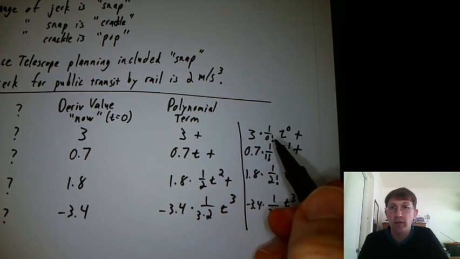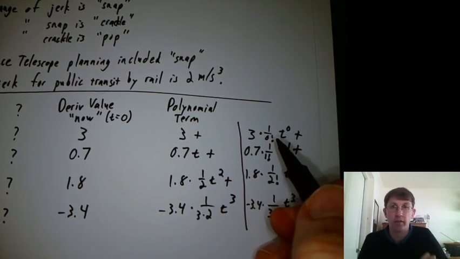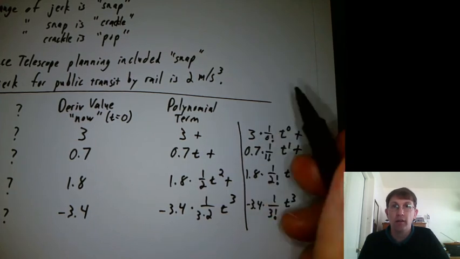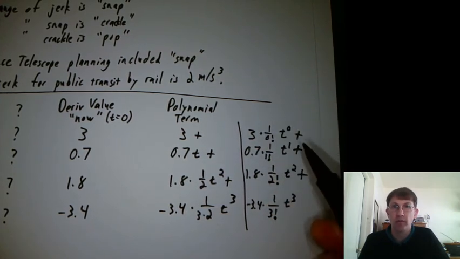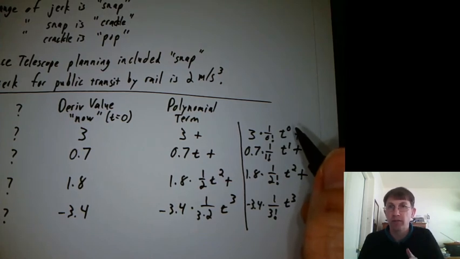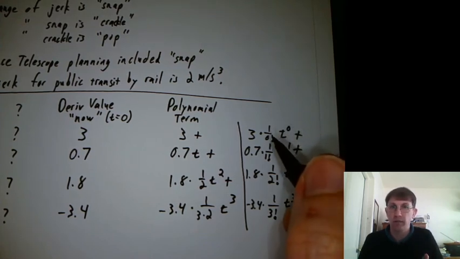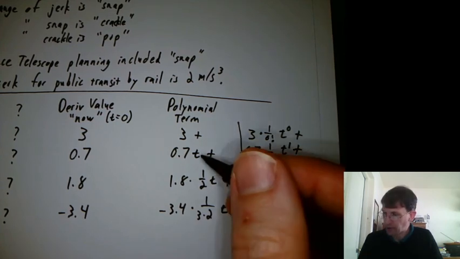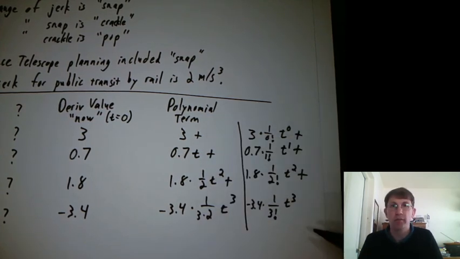Well, what is 0 factorial? Naturally, we might think it's 0, but it's actually 1. Remember that in the previous video we talked about that. So this is a nice way of writing all of those polynomial terms where we have a system where whatever's on the power is also in the factorial in the denominator. So we don't have like t on some terms and no t on other terms and such.